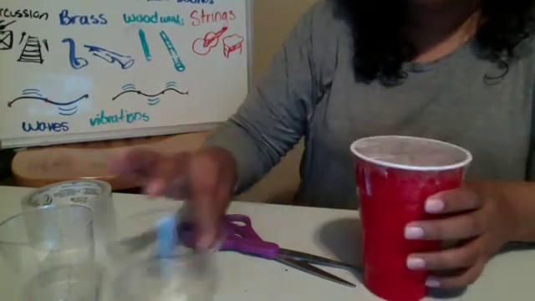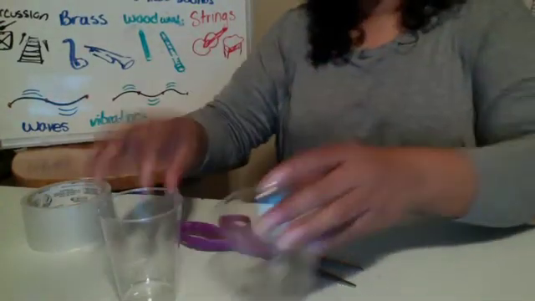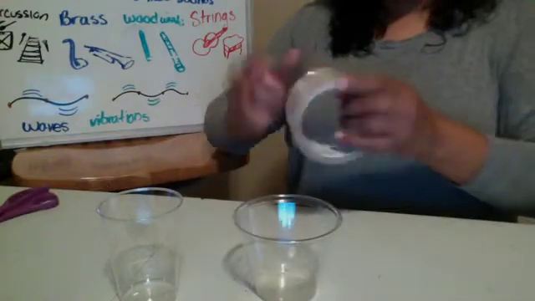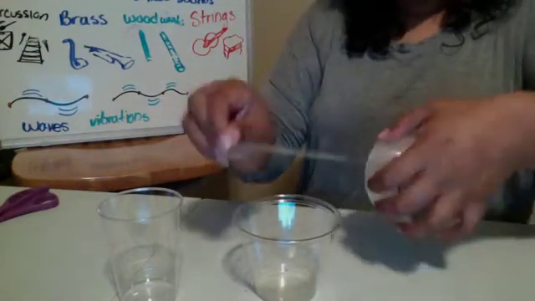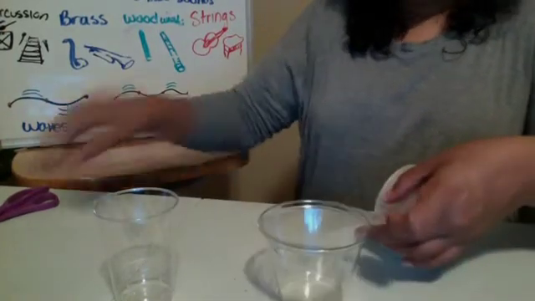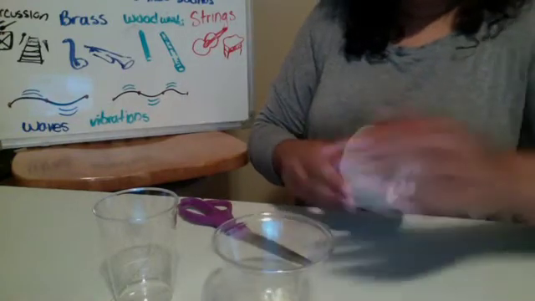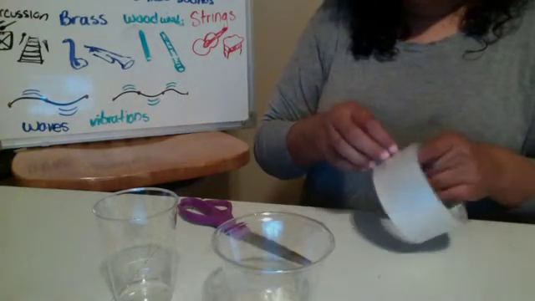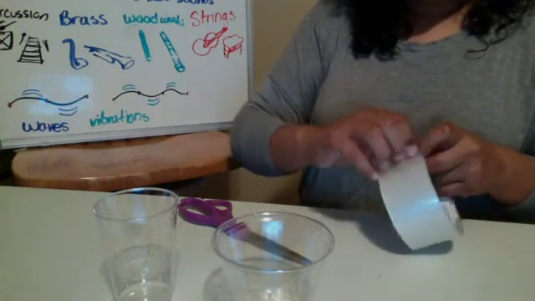So we're going to do the same thing with these two different cups, different sizes. Very easy. Remember, the trick when you do these types of drums is to come across. There we go. One more.